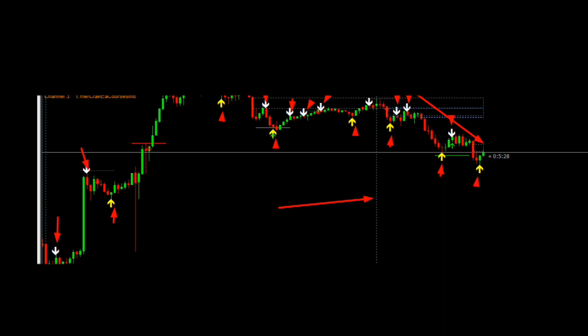Now, the next question will be which pairs I have tested. I think it has been more accurate on the JPY pairs, either Euro JPY or AUD JPY. I can see I loaded 3 charts here now. So any signal from those charts is what I'm going to be taking.